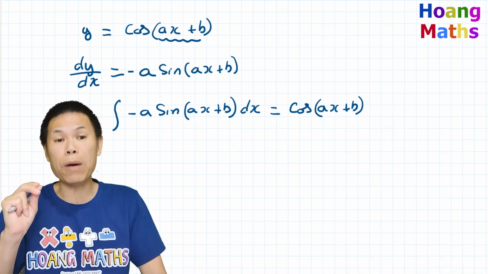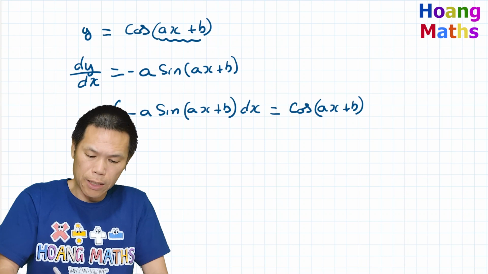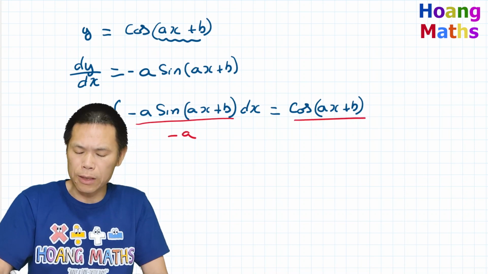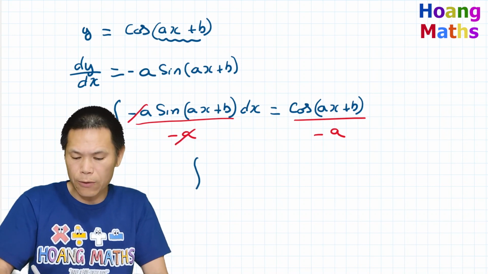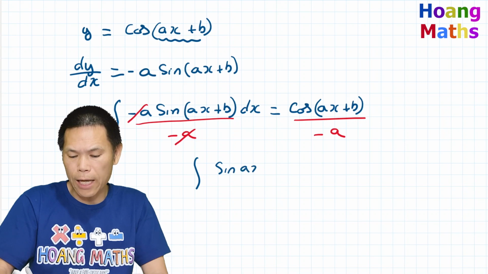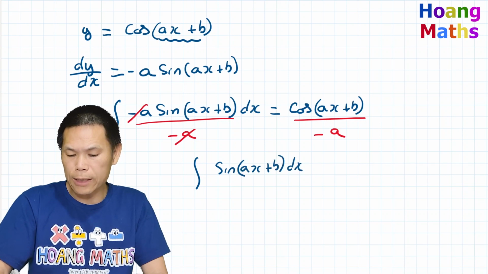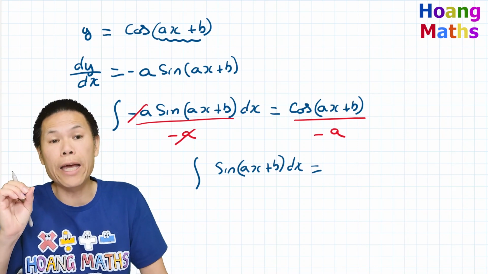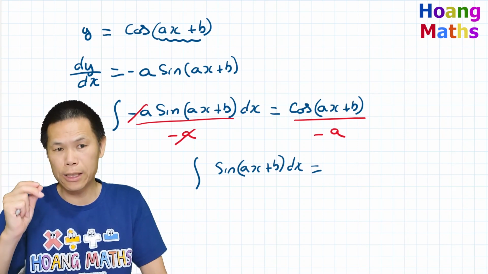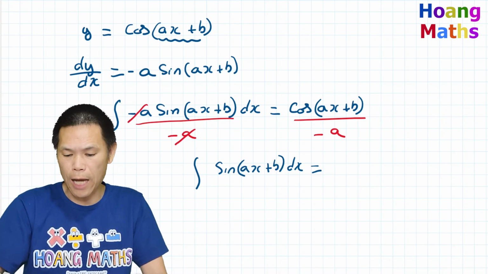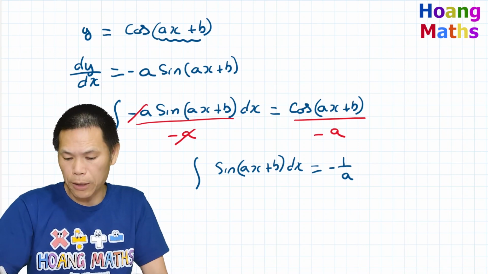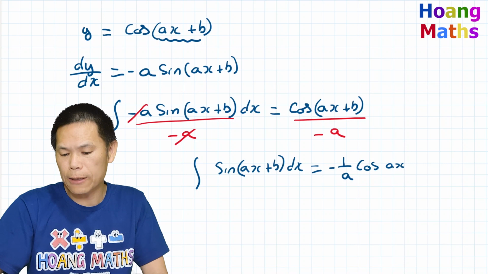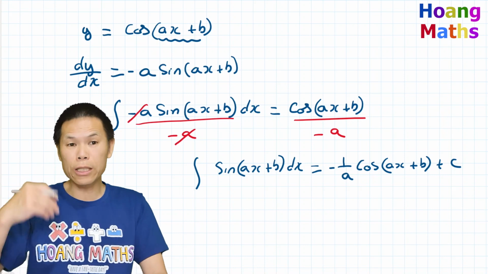Now, if I divide both sides by negative a, this cancels out. In other words, if I integrate sine of ax plus b dx, that will give me cos of ax plus b over negative a. This is exactly the same as negative 1 over a times cos of ax plus b. And we add a constant.